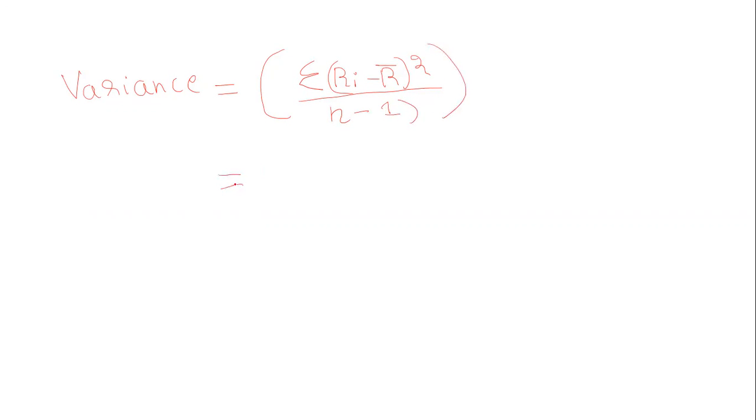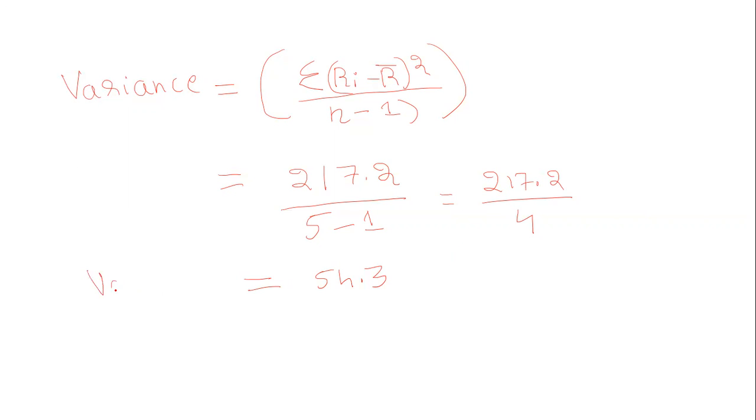The summation we have calculated is 217.2, and n minus 1 is nothing but 5 years of data minus 1, that is 4. So 217.2 divided by 4, the variance we get is 54.3.